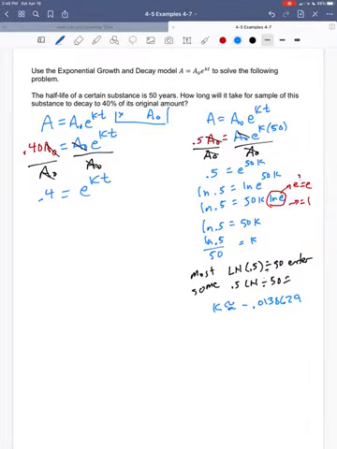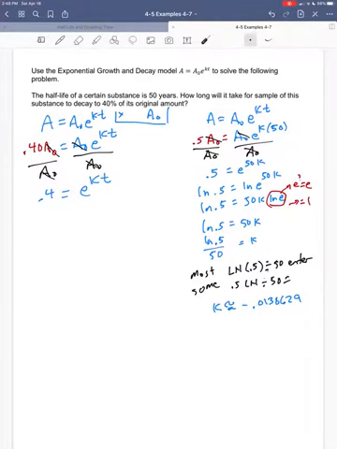No matter what the problem says at the beginning, it usually will say how much to round to. Whatever it says to round to for a final answer, if you're going to use a rounded value of k here, you need to carry several more decimals. So if I want to round to 1 or 2 decimal places for my original problem, you probably want to carry out 6, 7, 8 decimal places for k.